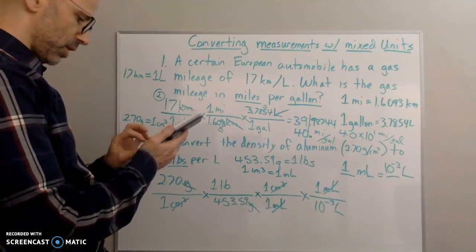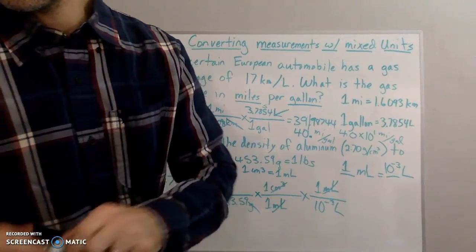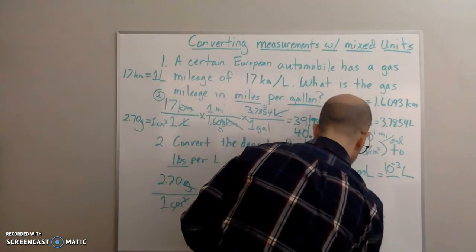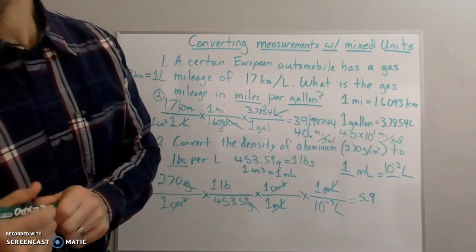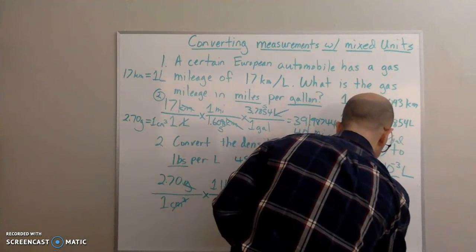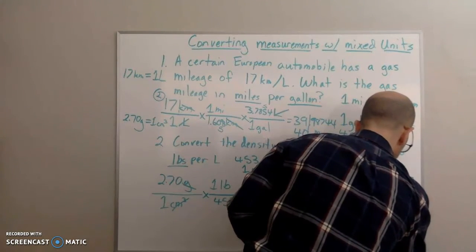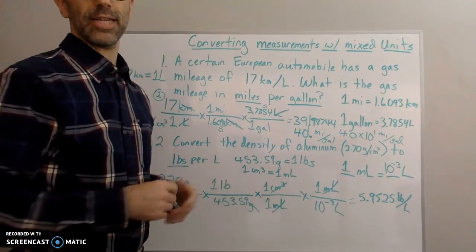So that's going to be equals, and so that's going to give me 5.9525 pounds per liter. So that's the answer that the calculator gives me.